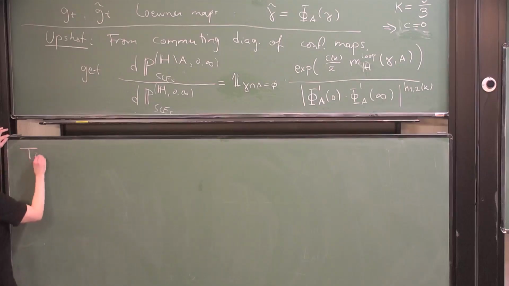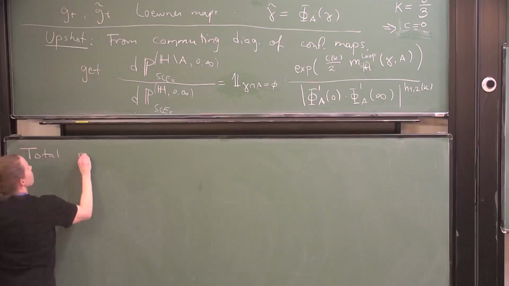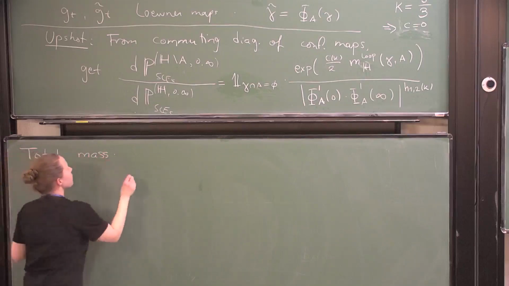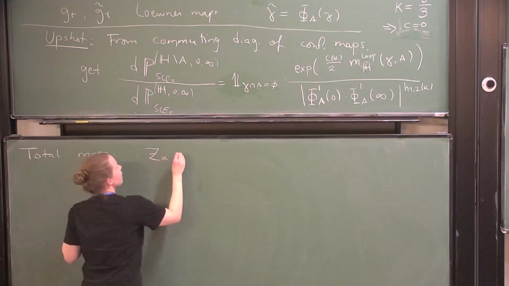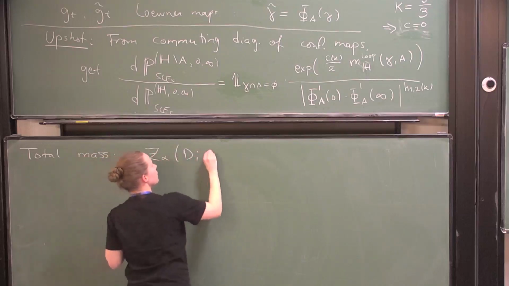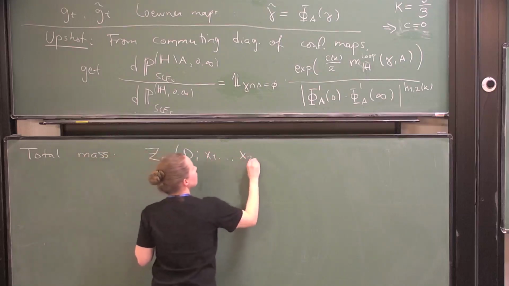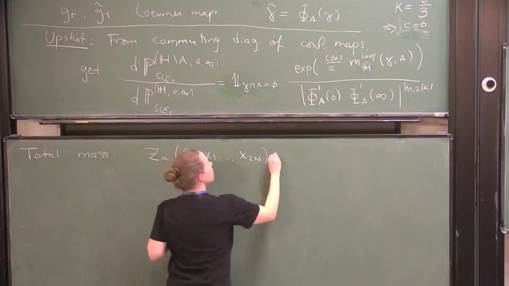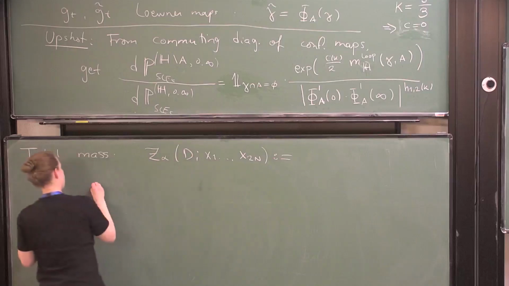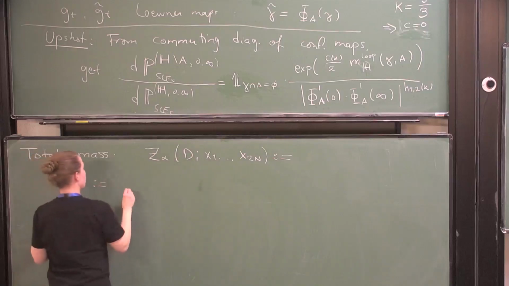So let me just try to say some things about this. So I want to define it in this way, because there's all this moduli data, right? And the definition will be, let's see.